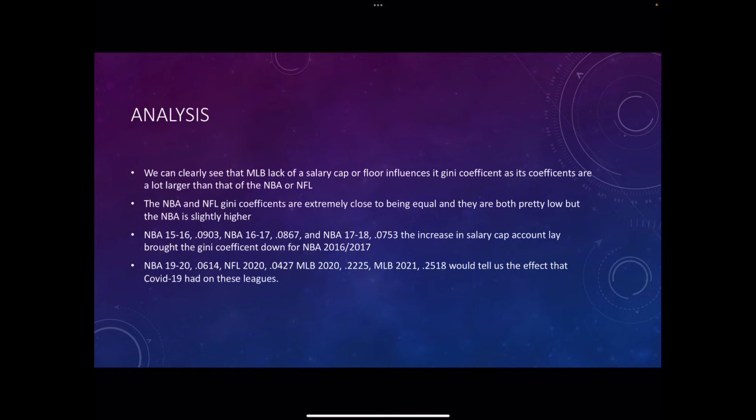We can clearly see that the Major League Baseball's lack of a salary cap or salary floor influences its Gini coefficients, as they are a lot larger than those of the NBA and NFL. The NBA and NFL Gini coefficients are extremely close to being equal. They're both pretty low, and the NBA is slightly higher.